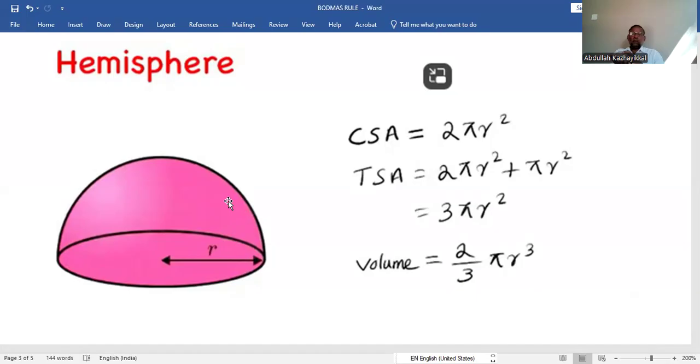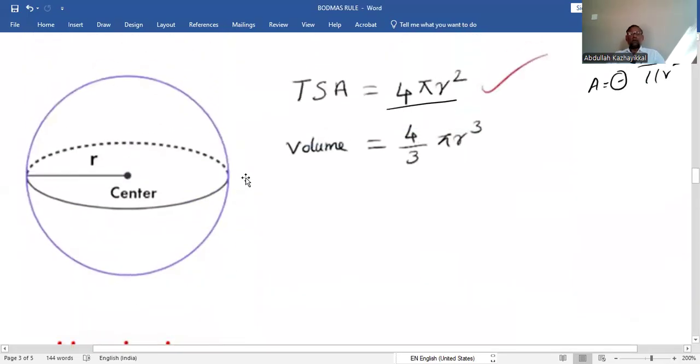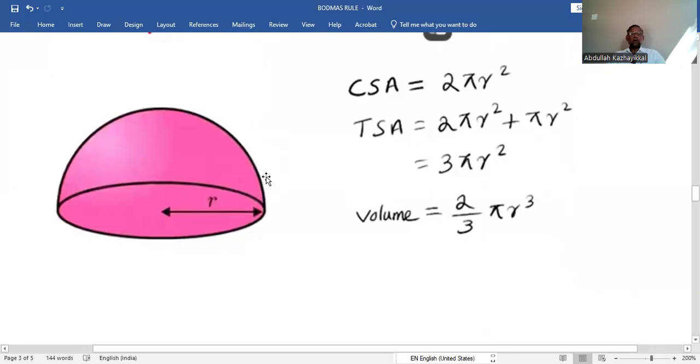Then 2 pi r square, sir, why? That is why I told you. It was a sphere before we studied. It is 4 pi r square. This is 4 pi r square, yes? Correct. This is what I am writing here. All of you listen, please.